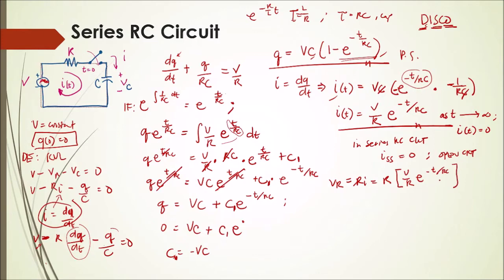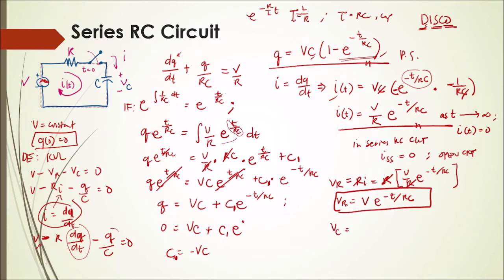We need to find that particular solution for this. So you will go through a DE. So VR equal to, eliminate this, it becomes V times e to the negative t over RC. So again, this is very useful. You can use this right away. We derived it already.